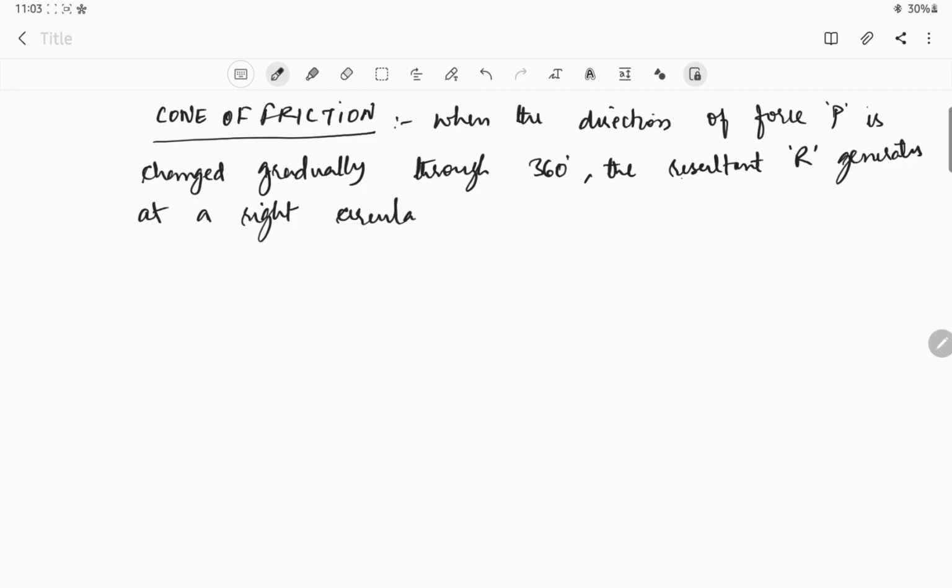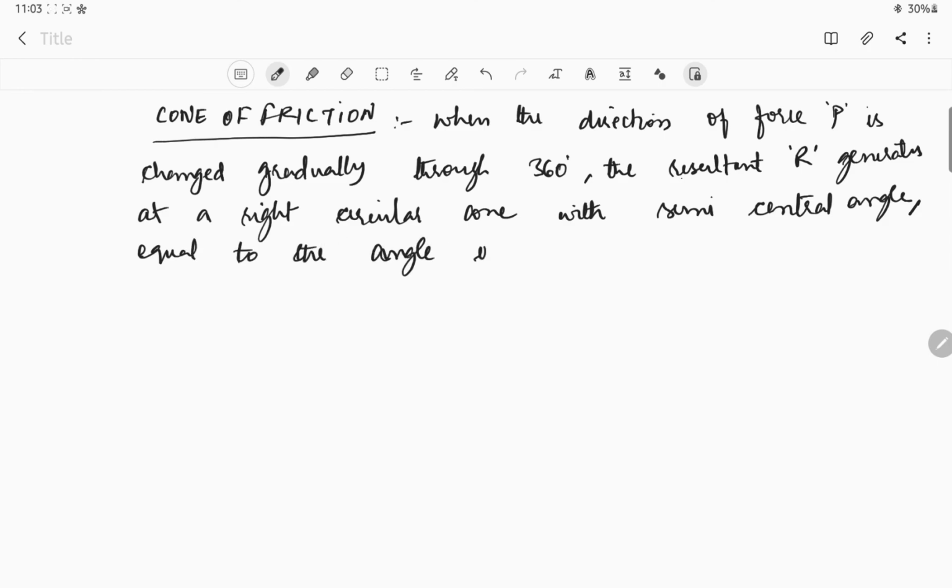with a semi-central angle equal to the angle of friction.